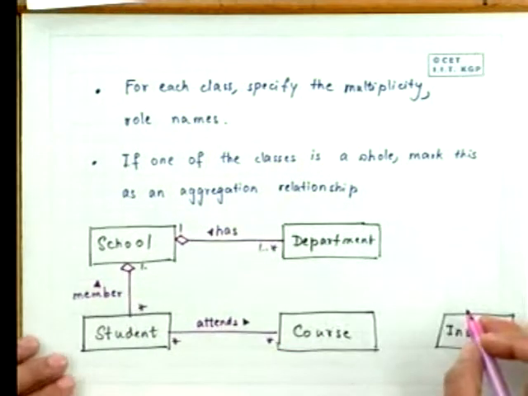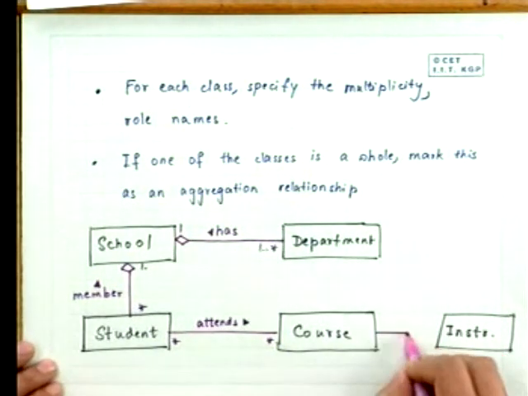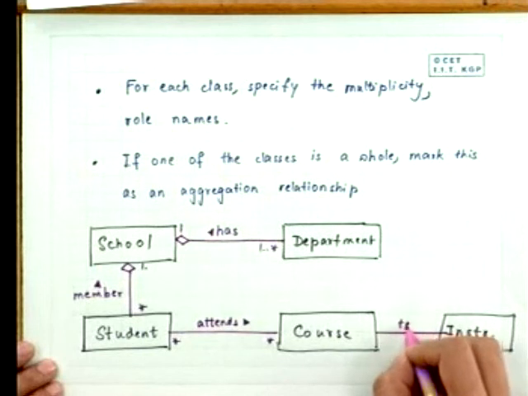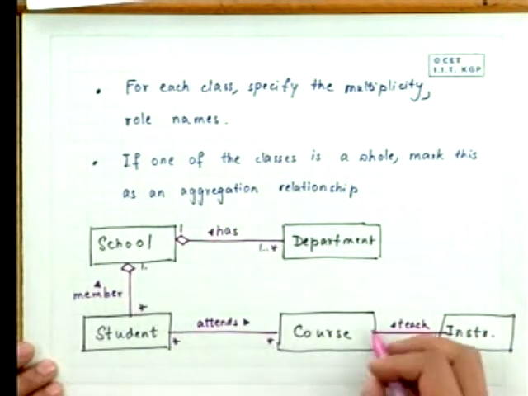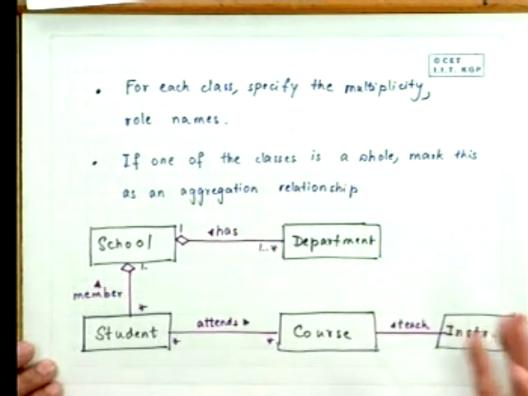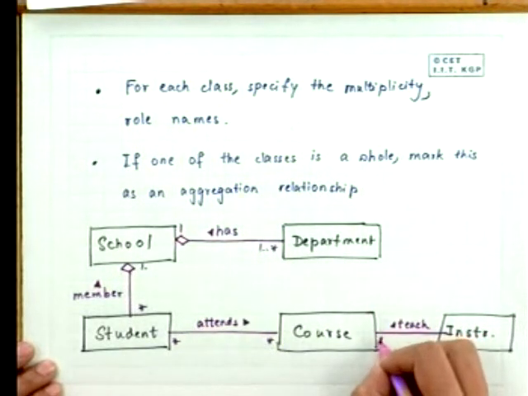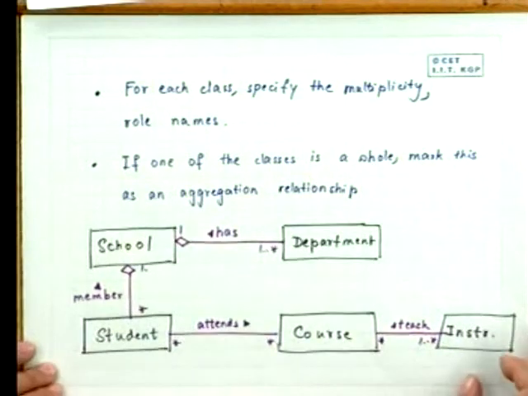And there will be a relationship between course and instructor. An instructor teaches the course. The name of the relationship is teach, and one instructor teaches 0 or more courses. A course is taught by 1 or more instructors. So the multiplicity here is star, and here it is 1 to star, 1 or many.